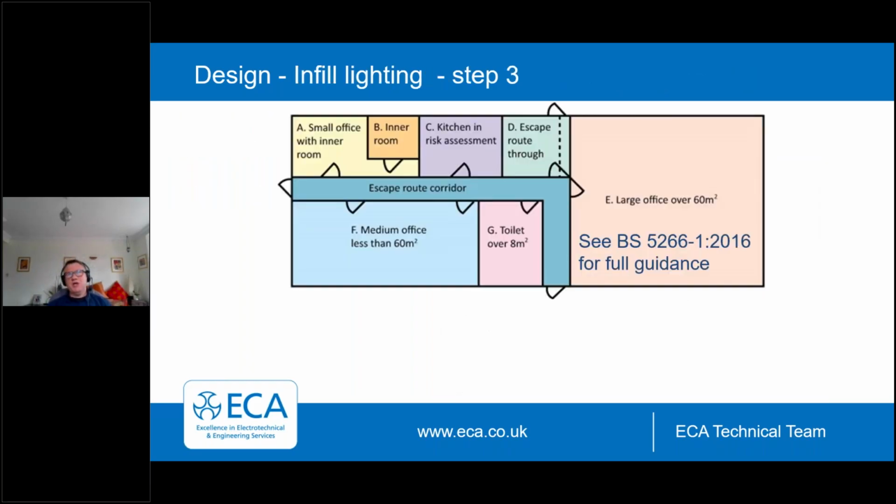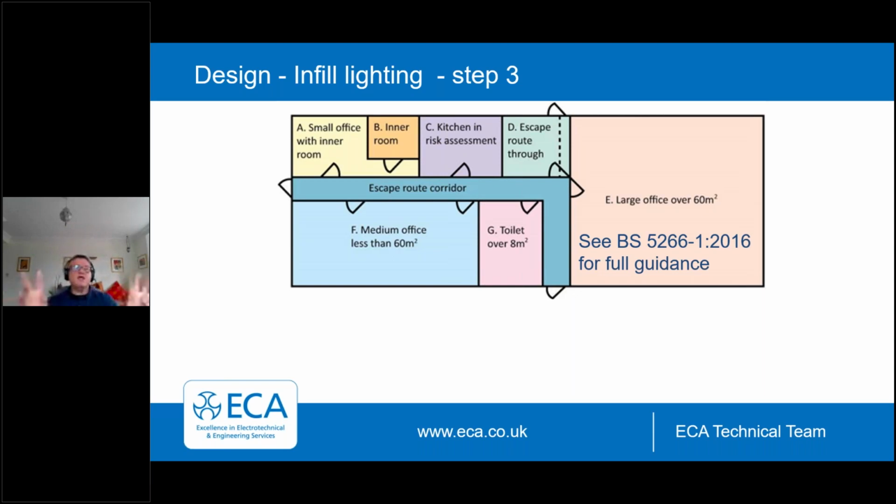And then once we've established our points of emphasis and what signs we're going to use, we would consider infill lighting. Now, I've ripped this figure directly from the example in 522 just to emphasize the point we're getting at.